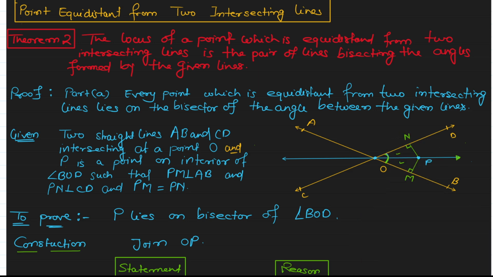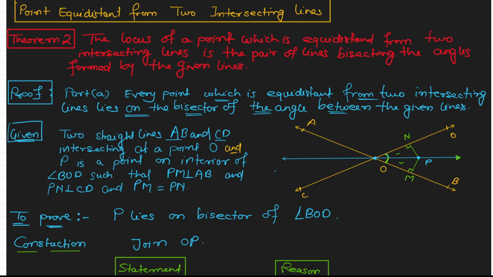So here, every point which is equidistant from two intersecting lines lies on the bisector of the angle between the lines. What is given here?